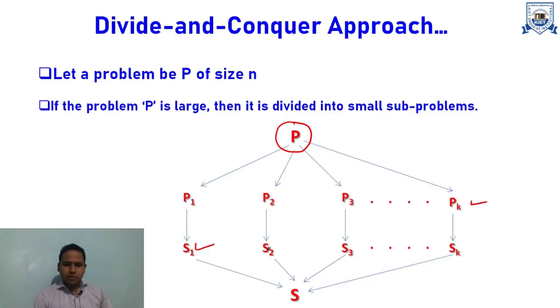Suppose S1 for P1, S2 for P2, S3 for P3, and similarly Sk for Pk. So we have different solutions, and then finally we are combining these solutions to get the solution for the main problem P. So this is our final solution. This is called the divide and conquer approach. So moving to the next.